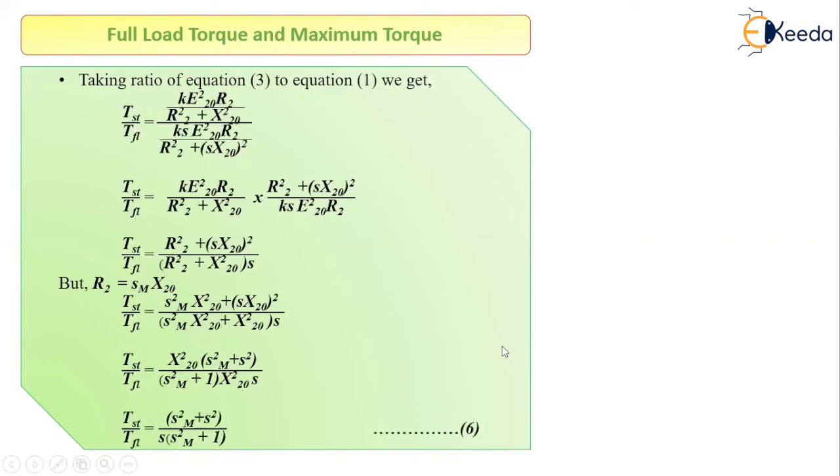So we get TST by TFL is equal to Sm square plus S square divided by S into Sm square plus 1. Equation number 6. So this is the relation between starting torque and full load torque. That is, starting torque divided by full load torque is equal to Sm square plus S square divided by S into bracket Sm square plus 1.